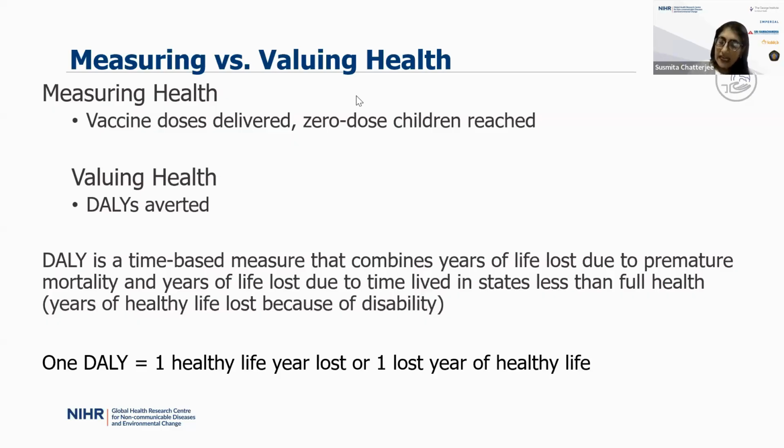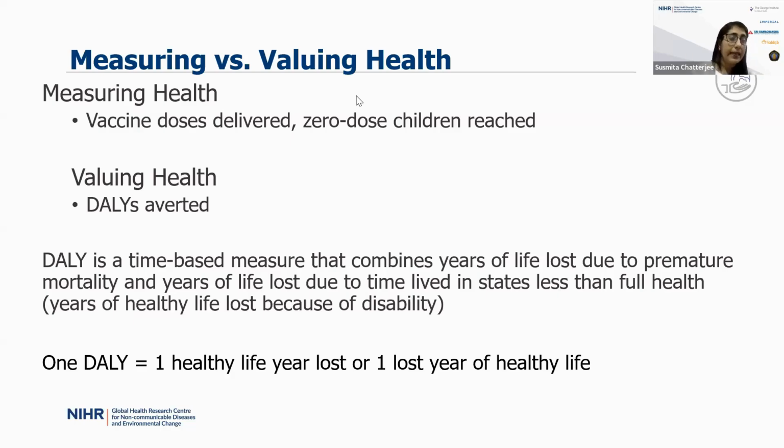So if the child has a paralysis because of polio at the age of 10, and the child was supposed to live up to 70, that means 60 years of the life of the child is with morbidity. So then we have to value this. How much value do we put on this morbid life condition of 60 years of the child? Okay, so that's the DALY.